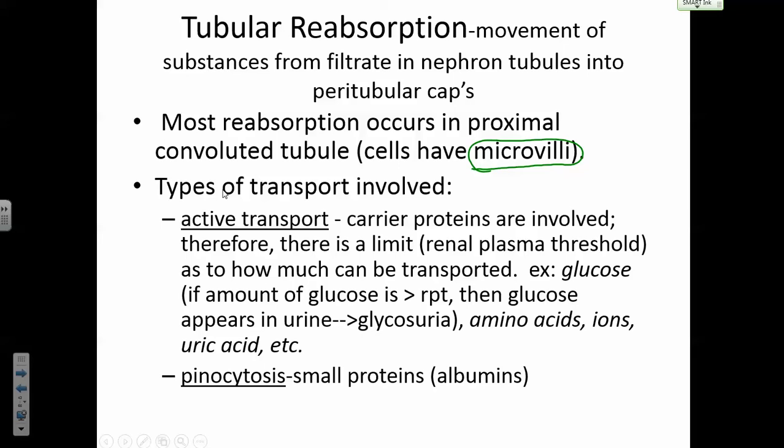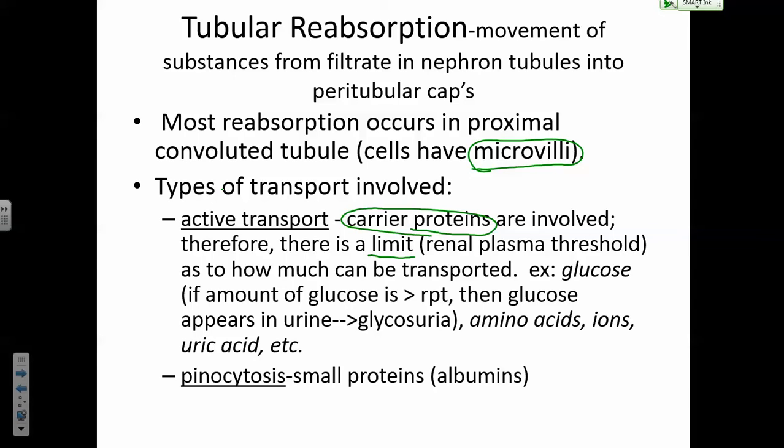All right, and so because any substance that's actively transported has to have carrier protein specific for that substance, that means there's going to be a limit as to how much can be transported at any given moment. And that limit is determined by how many of the carrier proteins are there.